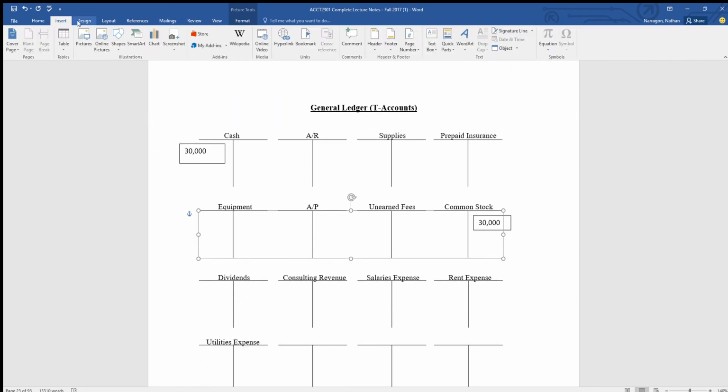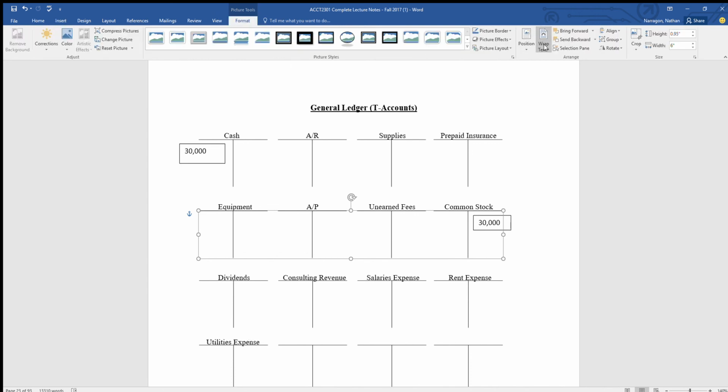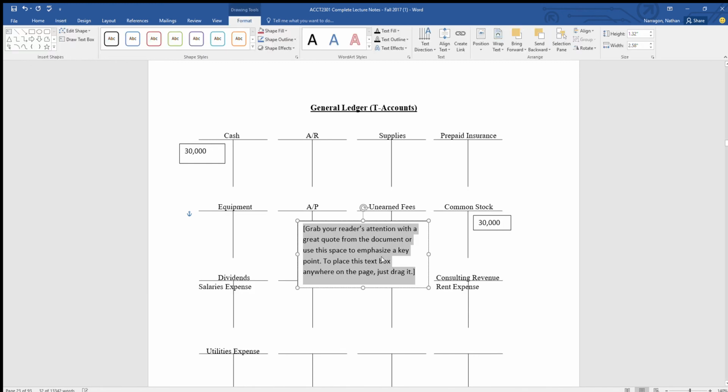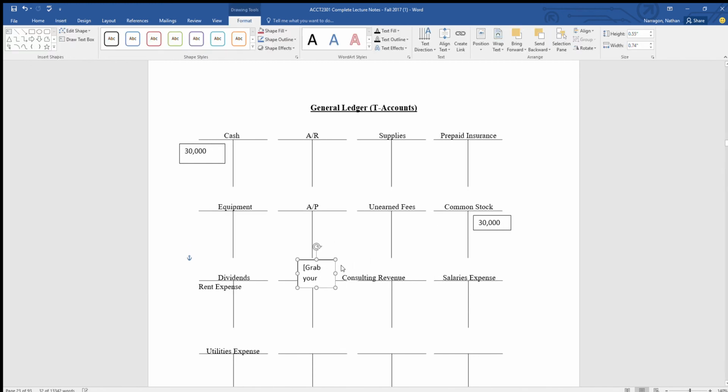So insert, just insert, simple enough, text box. And of course, fixed position.